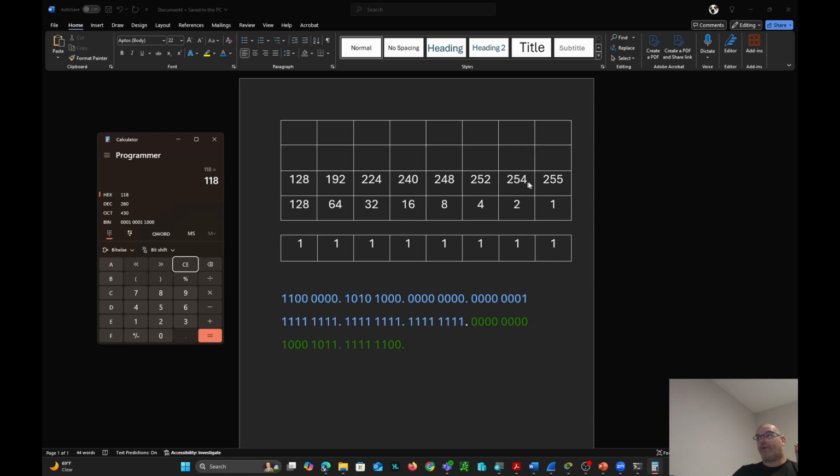Because remember, whenever we created this row, this is the addition of all the numbers underneath it, right? This is the binary number row. So I know if I add 128, 64, 32, 16, 8, and 4, in binary that equals 1, 1, 1, 1, 1, 1, 0, 0, right?